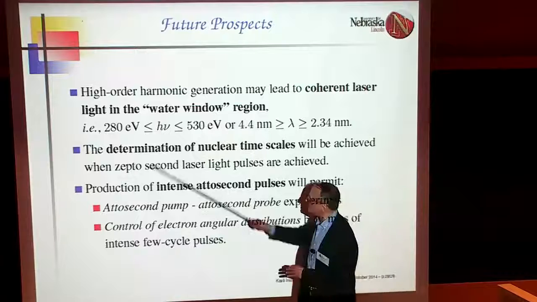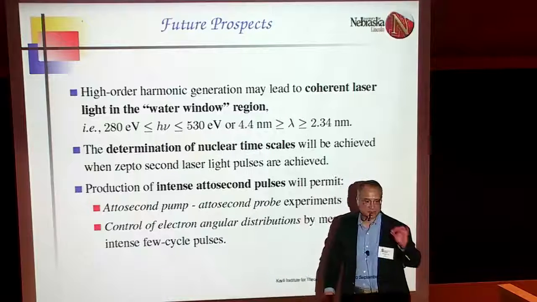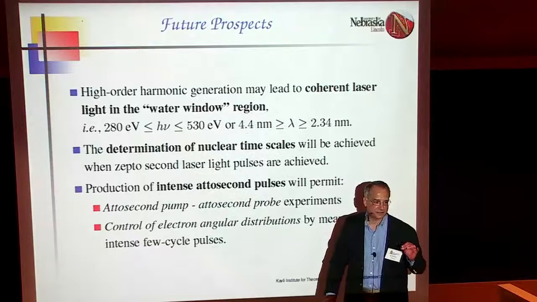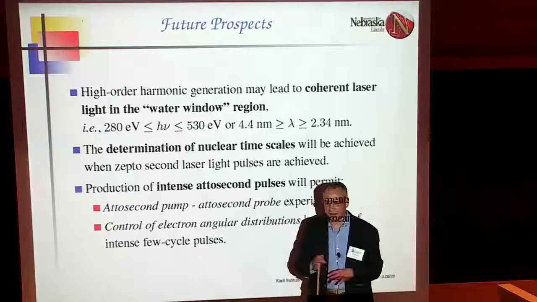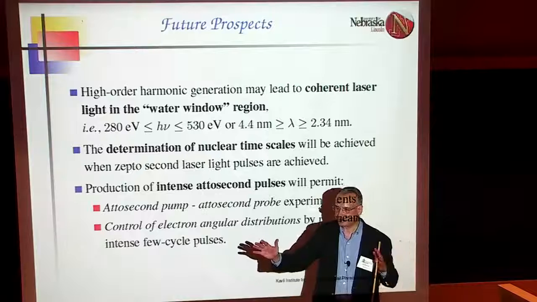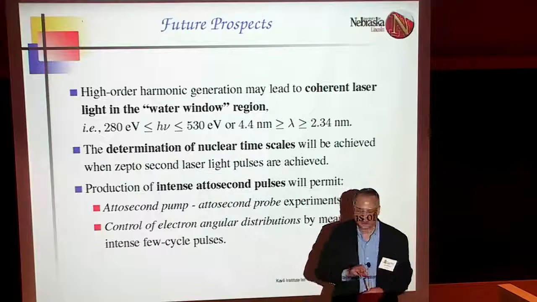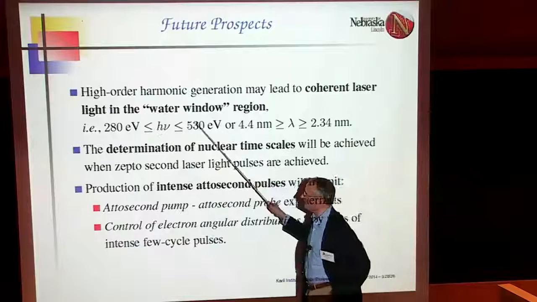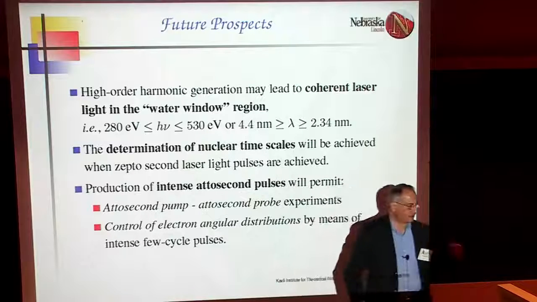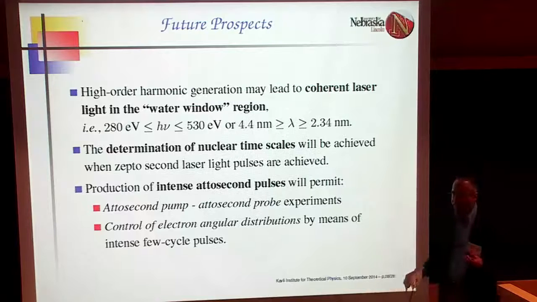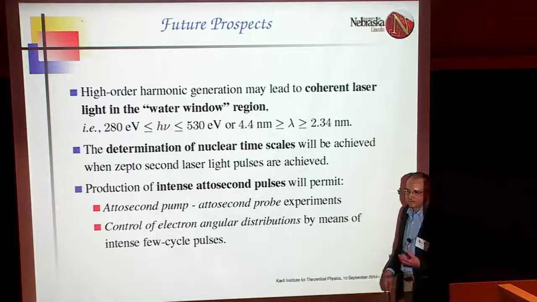In this energy region, oxygen is transparent to radiation. So the water in a living system that makes up 90% is transparent to laser light in this energy region. What isn't transparent is the carbon and the nitrogen that make up all your tissues, all your organs.